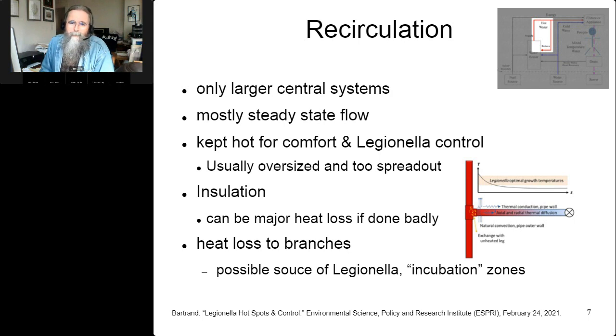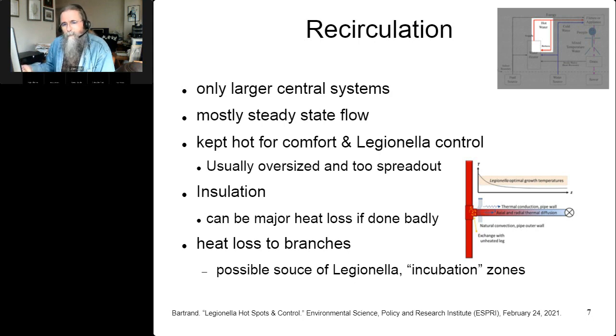And then there's a new issue coming up that I've just learned about: the branch off to the right in the diagram here is off to your shower or sink or wherever. When that's stagnant, it's going to cool down to room temperature. And if your central pipe, the vertical one here, is on your recirc system, that's always hot, and hopefully hot enough that none of the pathogens in it are growing.